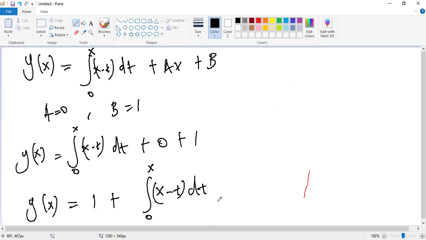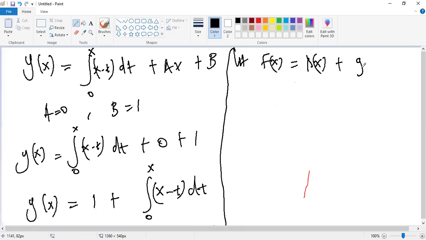Now, recall, when we initially started, we said, let our f of x be equal to lambda of x plus g of x. I've not written f of t here. There's f of t here, f of t here, and f of t here.